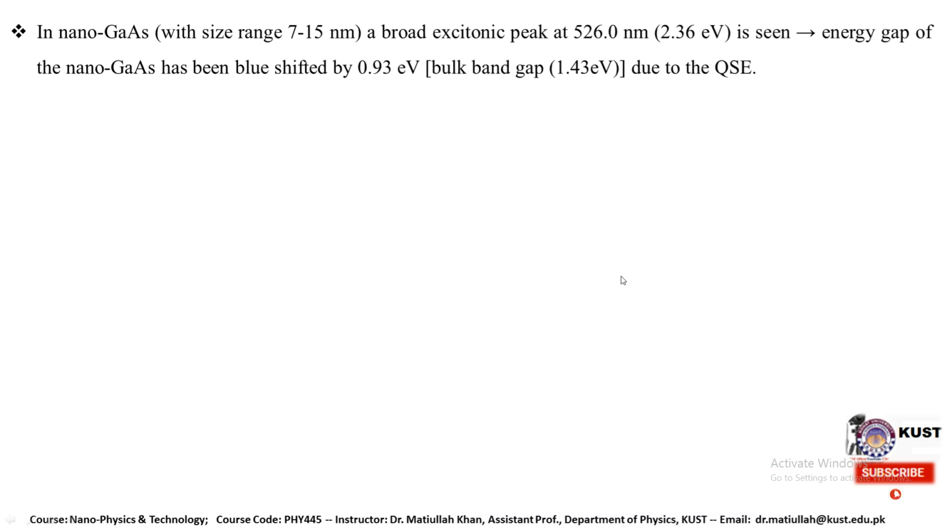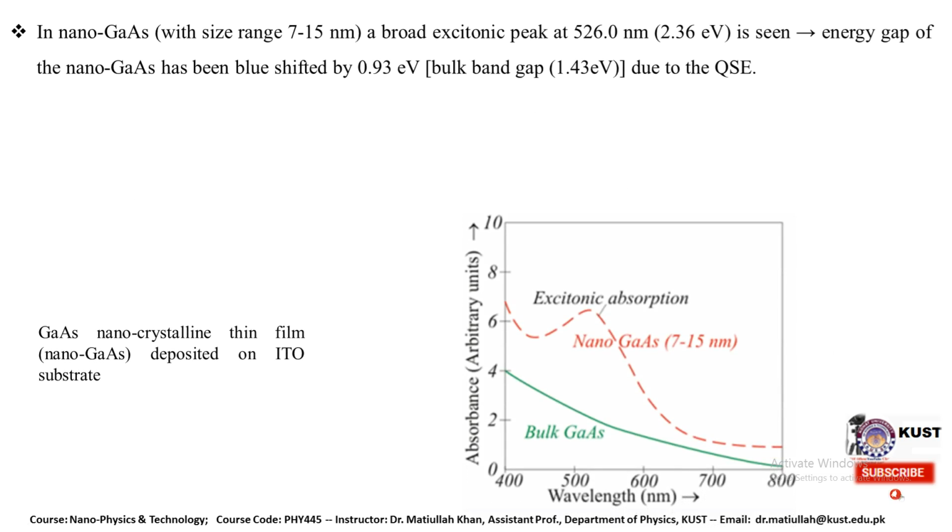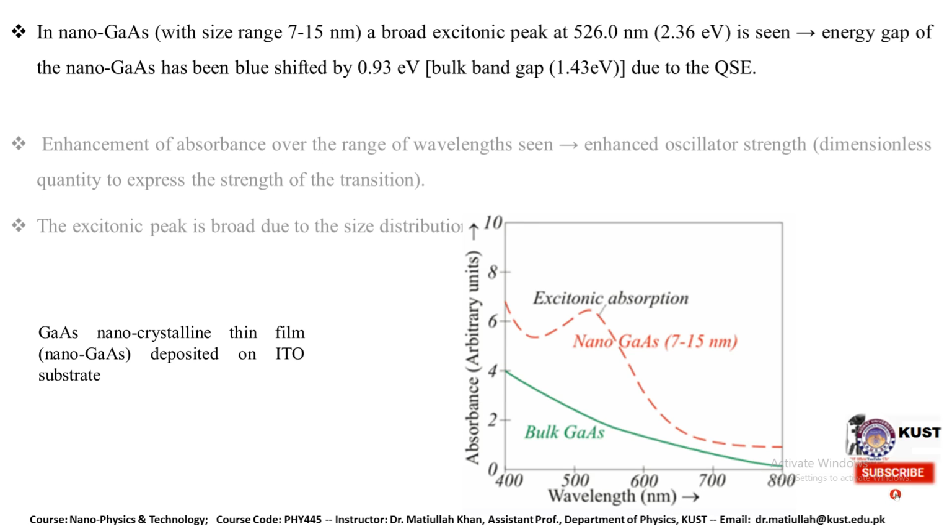As we saw in the previous slide, in this slide we can see that the reduction in the particle size changes the bands into states. So that is why we can get interesting optical properties from the nanoparticles of different semiconductor materials, and that is possible with the help of excitonic absorption.